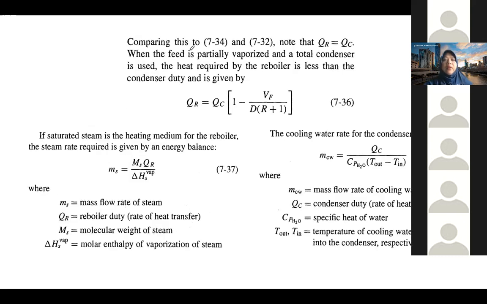Also, there's a calculation, for example, if we use steam to heat up the reboiler, there's some steam rate. This is similar to the utility system. You may want to have a look. And also the cooling water for the condenser: if you want to calculate the cooling water, you need the specific heat of water and the temperature of the water out and in. You can have a look at it later.